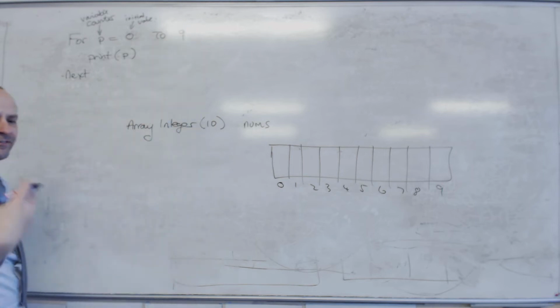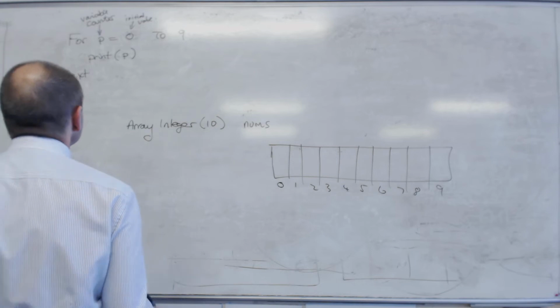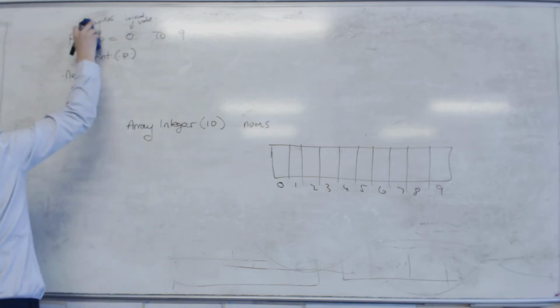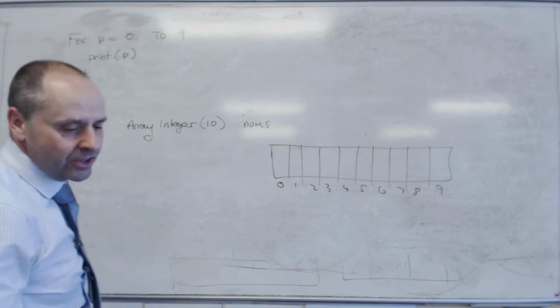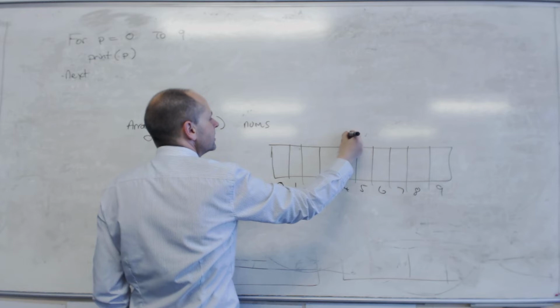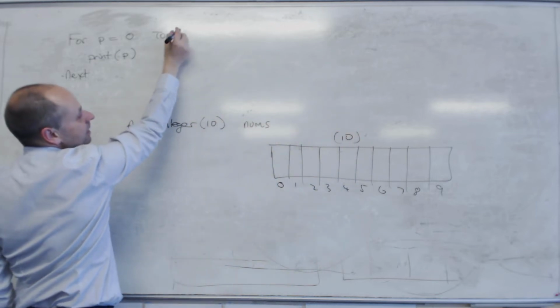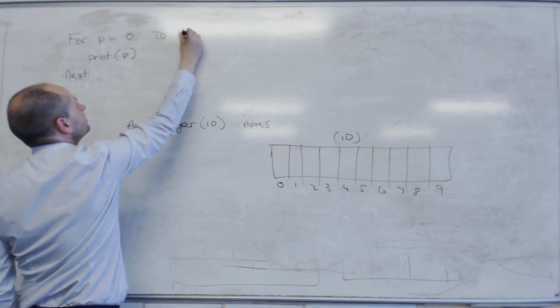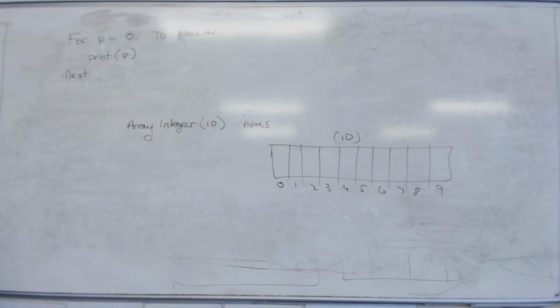So we could write down the fixed number 9. But there is a standard way in pseudocode of specifying the length of an array. So this is an array that we know has got 10 items in it. So we can say, what do I call it? Nums.length. And that will give me the value 10.